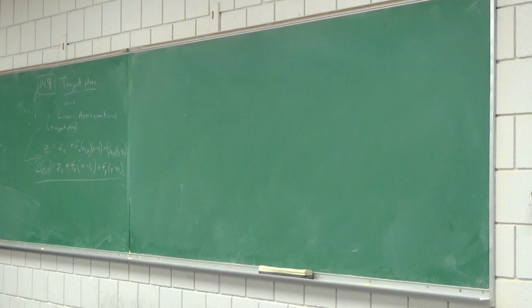And I'll pass it out to you. So we're going to do a linear approximation problem, one that has its application. We're going to do one like number 5 in this sheet.